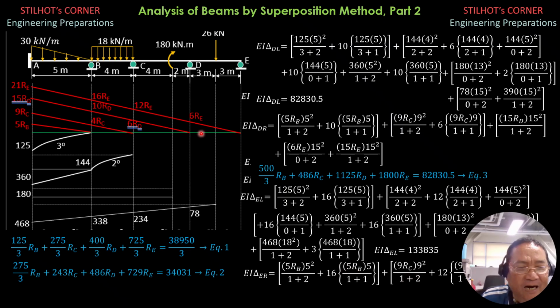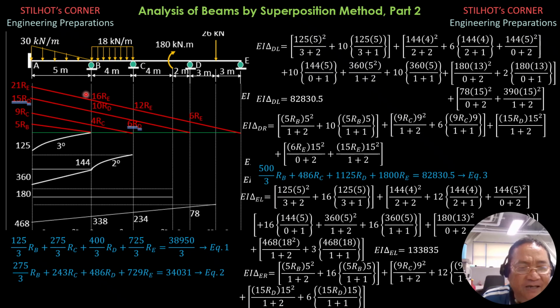Then for RD, you have deflection and slope, 15 RD times 15 square over first degree plus 2. Then plus 6 times theta. 6 times 15 RD, 15 over 1 plus 1.